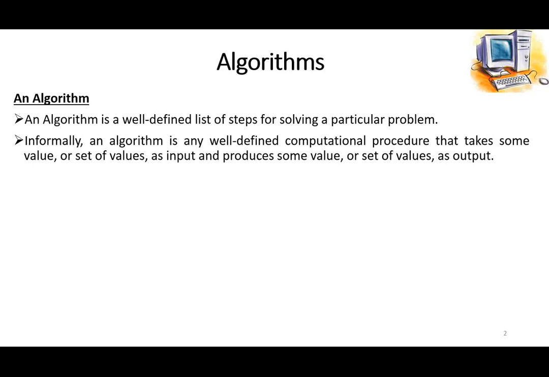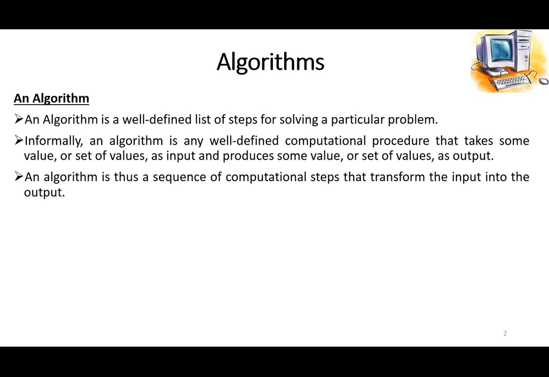There may be an algorithm which requires multiple values as input, and the same is the case with the output: it may produce some value or set of values. So it's a well-defined computational procedure which may require single or multiple values as an input and produces a single or multiple values as an output.